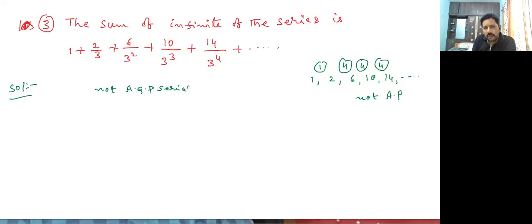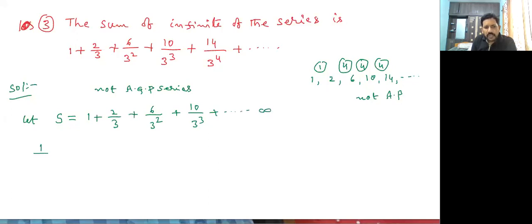Then how to calculate? Let the given problem's sum be S = 1 + 2/3 + 6/3^2 + 10/3^3 and so on, infinite.